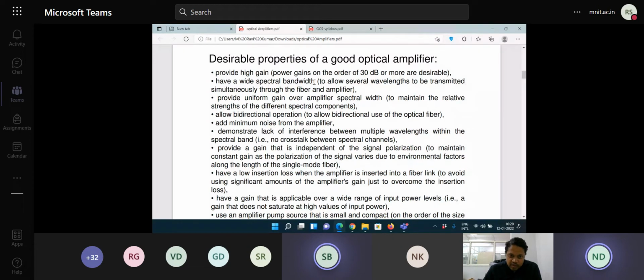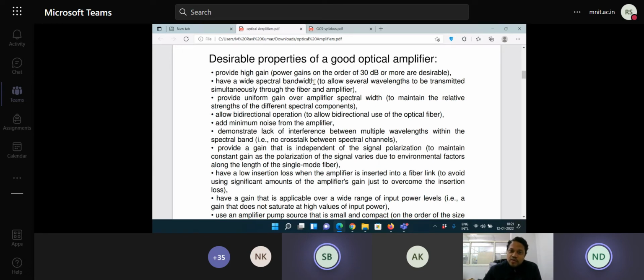It's better if the amplifier can allow bidirectional operation, meaning when signals are coming into the amplifier from both ends, then the amplifier should be able to amplify both signals. It's highly possible that you have one wavelength at say 1500 nanometers in one direction and another wavelength at 1510 nanometers coming along the opposite direction.